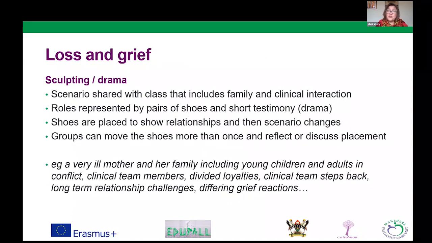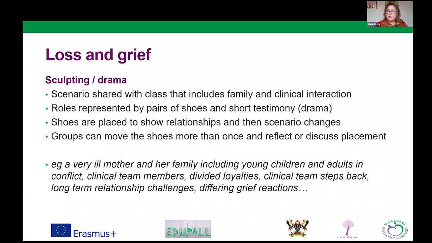Here's another way we've used this tool, again, a quiet reflective drama, but this time we actually identify each person in the role with a pair of shoes, and someone steps forward to give testimony. I'm Ahmed, I'm 6 years old, I love to play football, I'm sick, nobody will talk to me, and you put the shoes down.